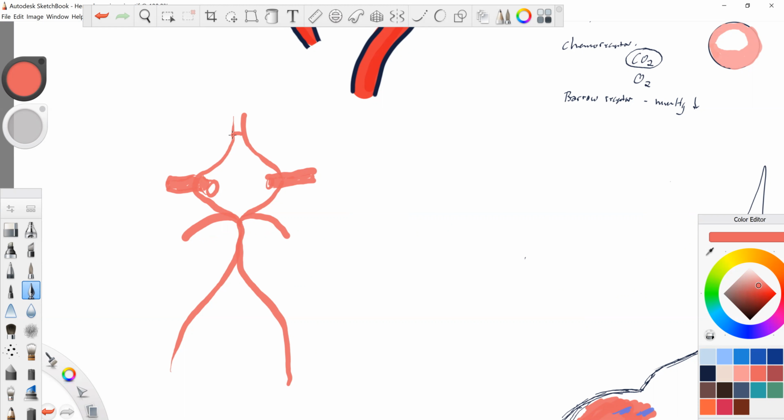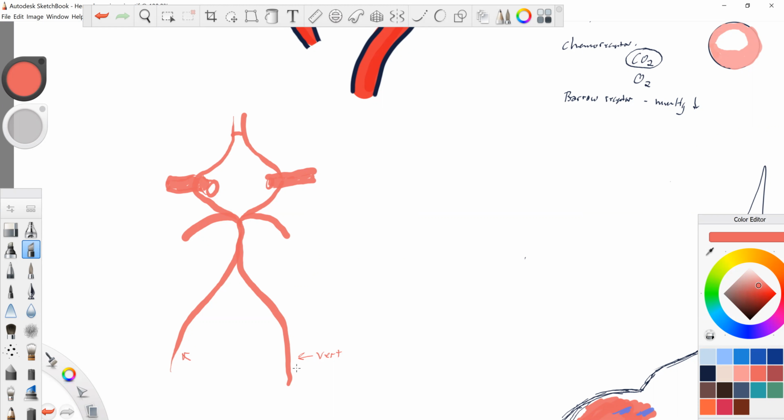Circle of Willis. I'll probably have to pause while I think about these things too. I don't want to say something incorrectly, but of course we have two vertebrals coming up. Let me jump up to here, because if it's the vertebrals we know are in the neck, what else comes up in the neck to feed the brain?